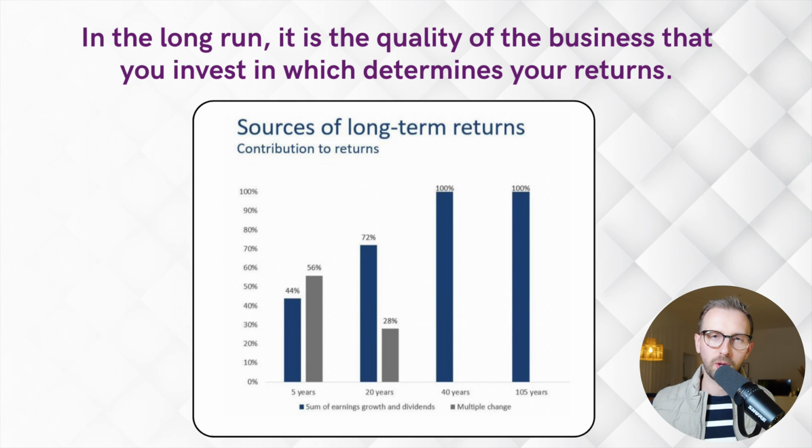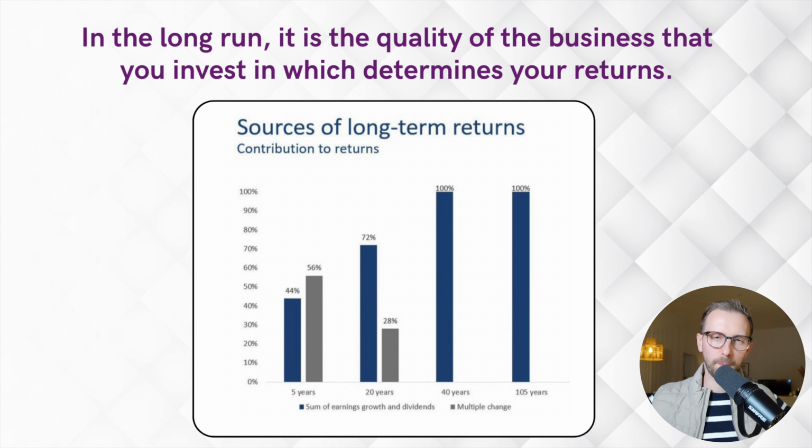Yeah, and this chart here is basically showing what I was saying earlier. Over the very long term, the long-term returns of shareholders, so the total shareholder return, will be primarily driven by earnings growth and not so much by the expansion or contraction of the valuation multiple.